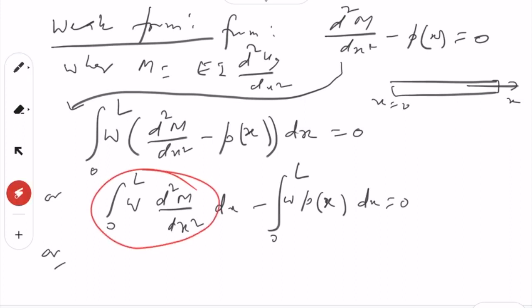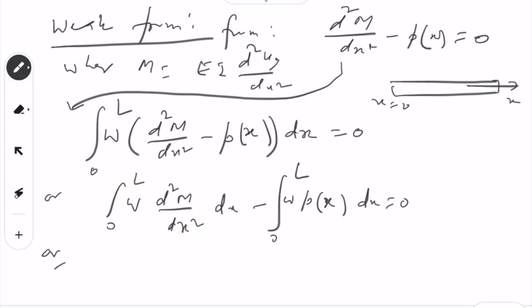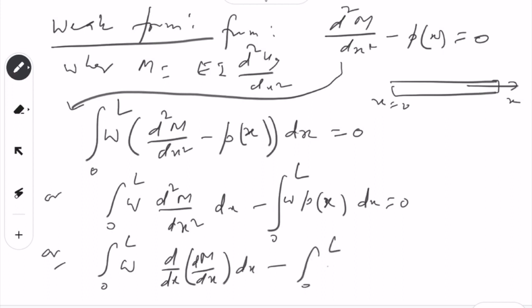Here we will use integration by parts. We can write the integral from 0 to L of w d over dx of dM over dx times dx minus the integral from 0 to L of w px dx equal to 0.